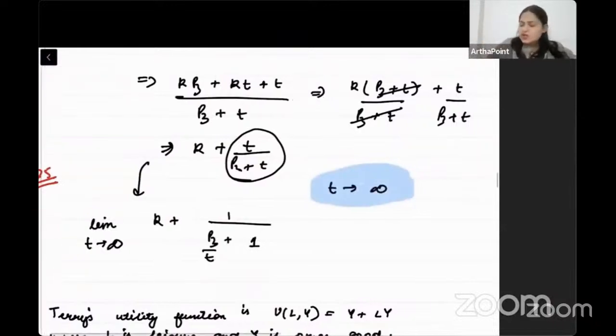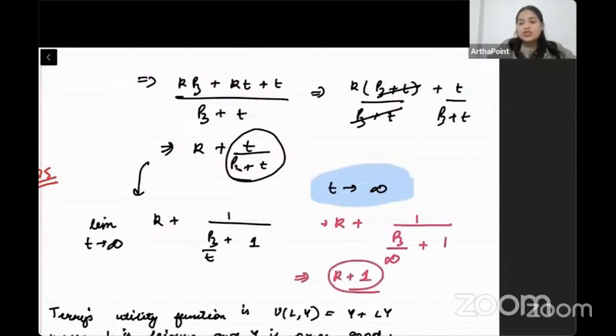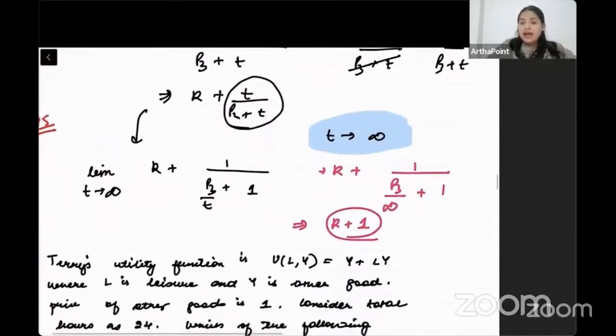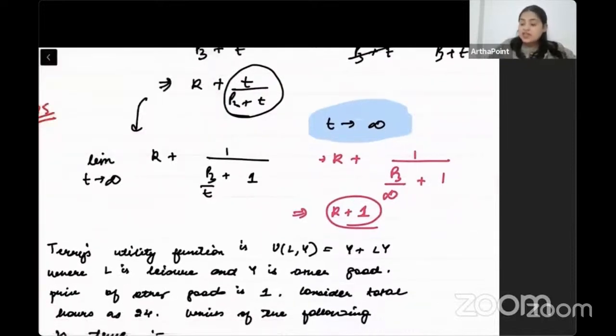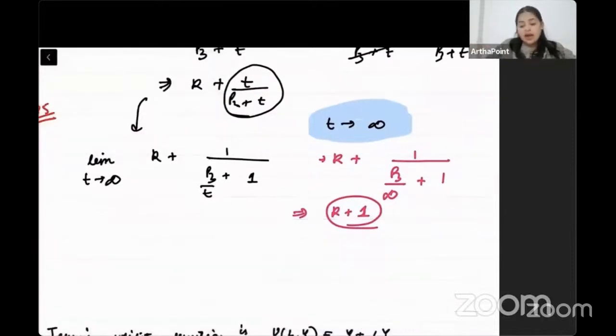So K is just a constant, K will come out and you will get 1 upon (P3 by infinity plus 1). Anything by infinity is 0. So this will be K plus 1. So this is going to be the ratio between the two prices when you will have a transaction cost which will be very, very high.